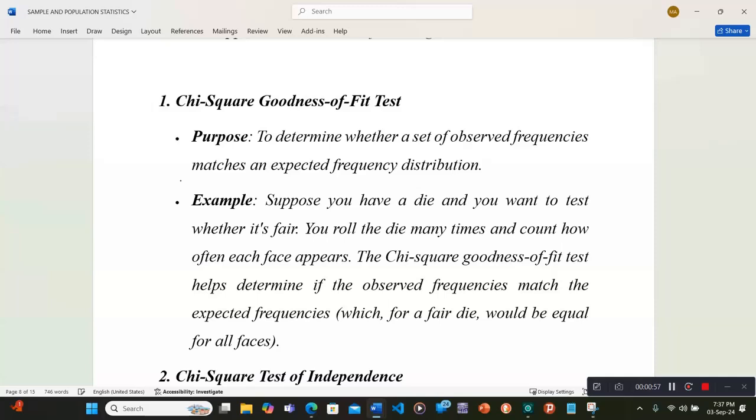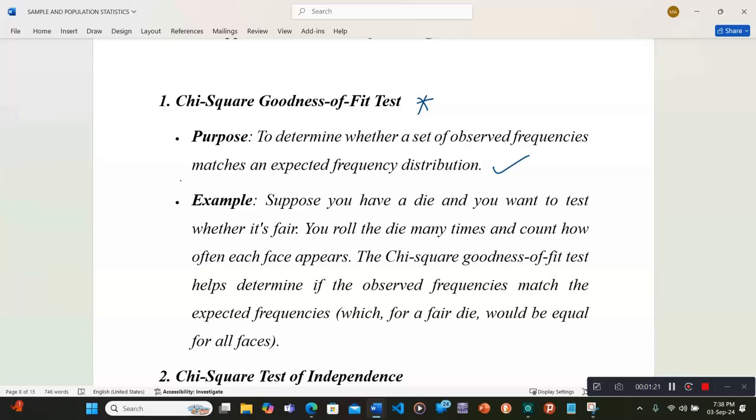So we find that the chi-square is used in the chi-square goodness of fit test. The purpose is to determine whether a set of observed frequencies matches an expected frequency distribution. An example: suppose you have a die and you want to test whether it's fair.